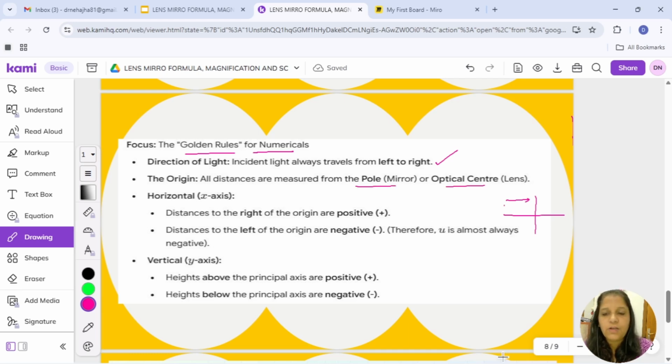In the case of a mirror, the distances are measured from the pole, whereas in the case of a lens, the distances are measured from the optical center. Distances to the right of the origin are positive, and distances to the left of the origin are negative. All distances on this side will be negative, and on this side will be positive. On the vertical y-axis, the height above the principal axis will be taken as positive, and below it will be taken as negative. I hope it's clear.